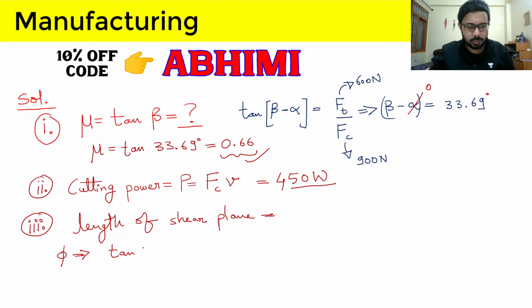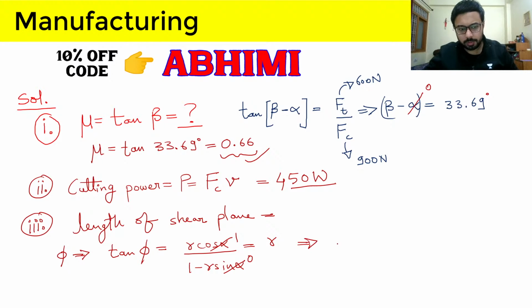So again you can see this formula is coming, and since alpha is 0, cos alpha will become 1, and sin alpha will become 0, so it will become r.